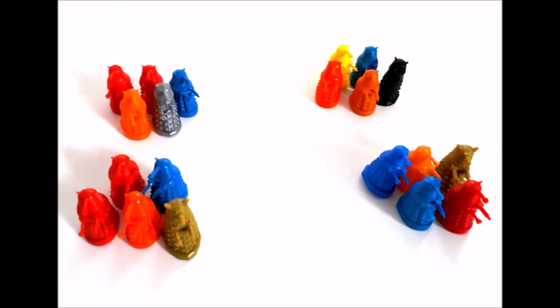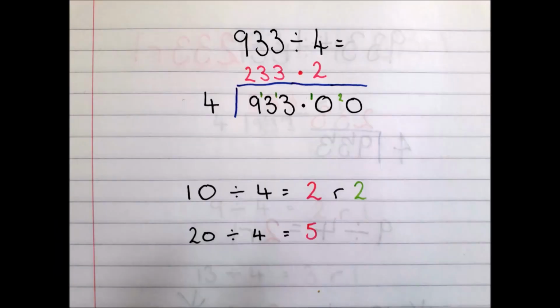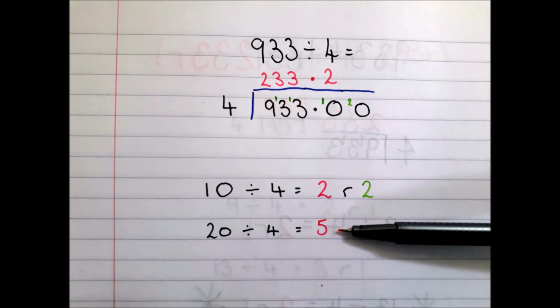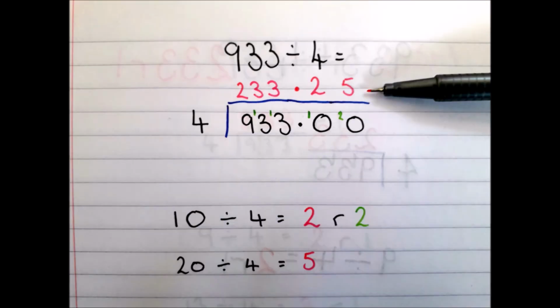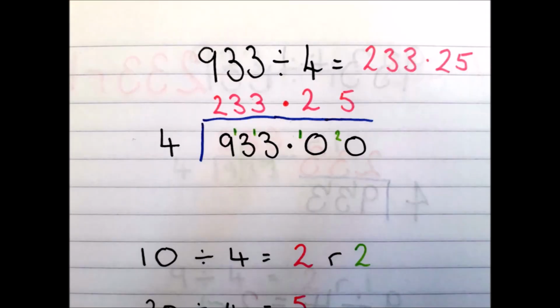When we split the Daleks into 4 equal groups, there are 5 Daleks in each group, with none left over. So 20 divided by 4 equals 5. This 5 here we can write above the 20. This gives us the answer 233.25.